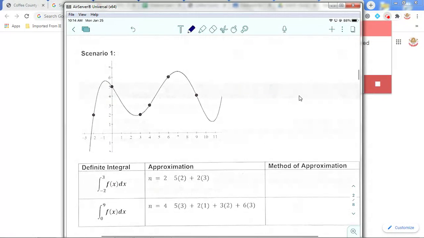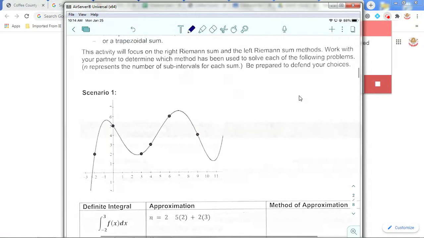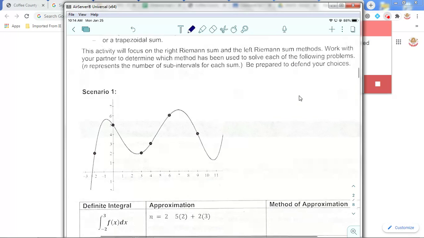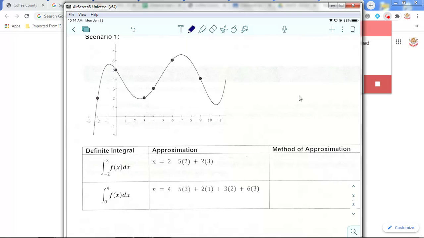What we're going to do is determine if this approximation method in the table has been using right or left Riemann sums. First, we are finding the area between -2 and 3, or the integral between -2 and 3. And we have 2 rectangles.